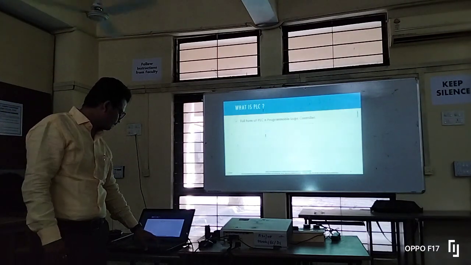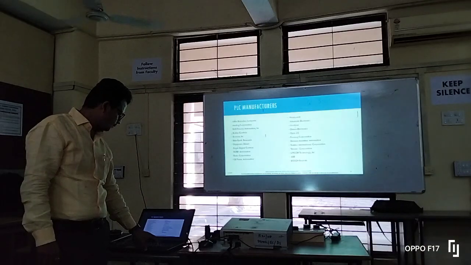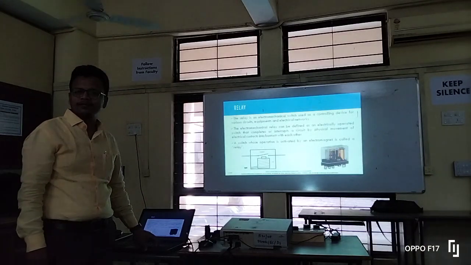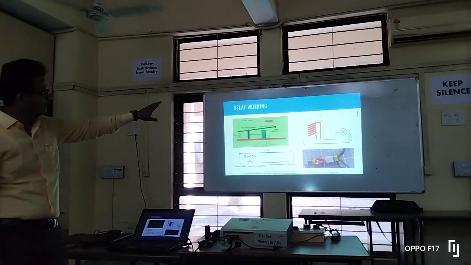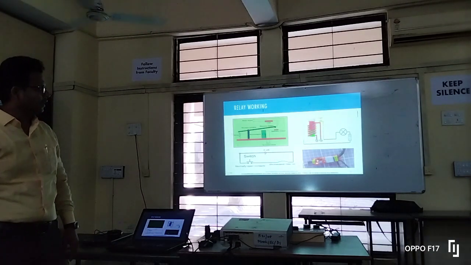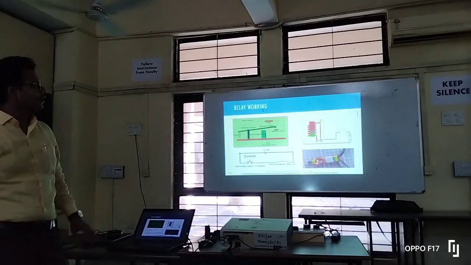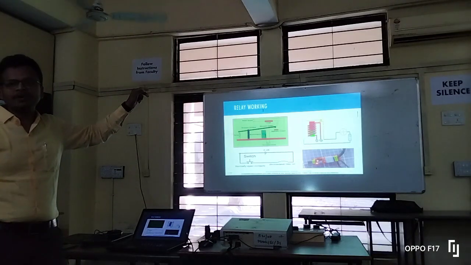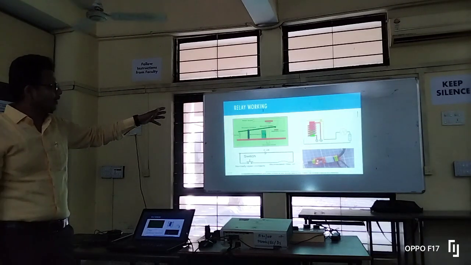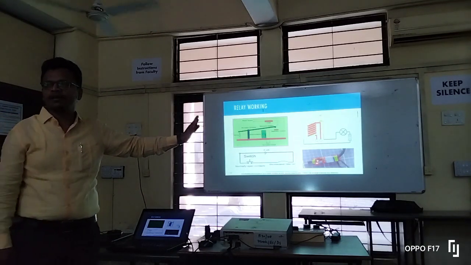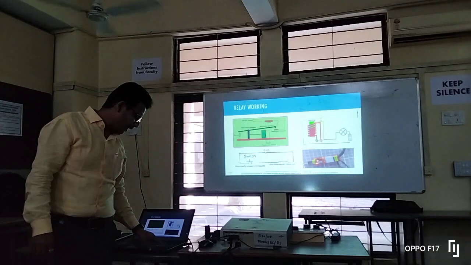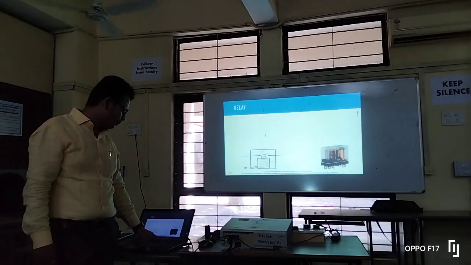How big? Something like this, and it will work something like this. Animation. Current flows, so connection will be there. When we remove the current, the connection will be removed. Okay, and then after that PLC will be there.